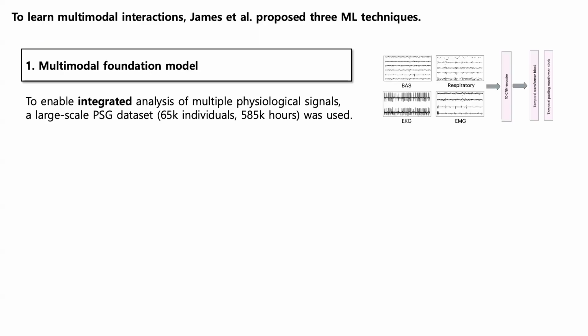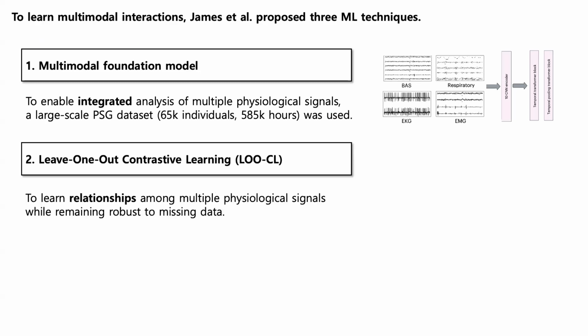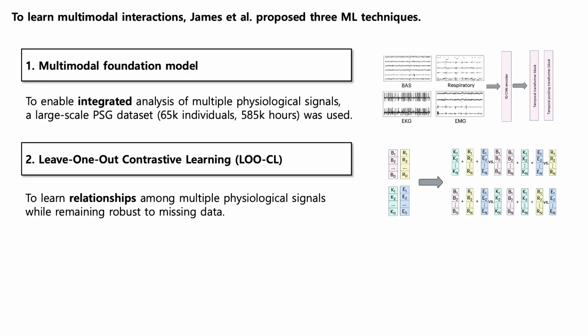It's based on this kind of architecture. And then they proposed the leave-one-out contrastive learning approach to learn relationships among multiple physiological signals while remaining robust to missing data. The contrastive learning looks like this.